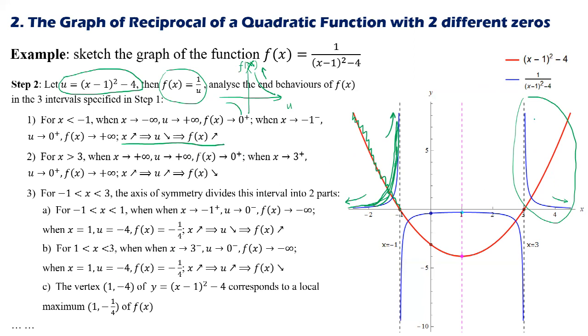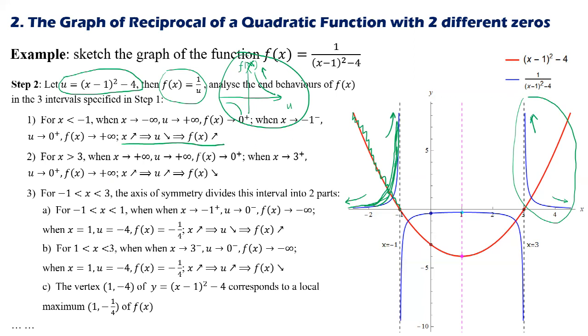And on the other hand, when x approaches 3 from the positive side, the denominator approaches 0 from the positive side, right? And when the denominator approaches 0 from the positive side, as you can see here in this graph, f(x) should approach positive infinity, right?